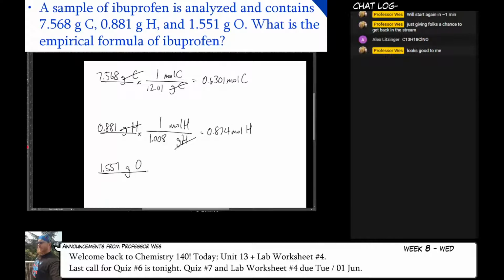And 1.551 grams of oxygen. One mole is 16 grams. I get 0.09694.